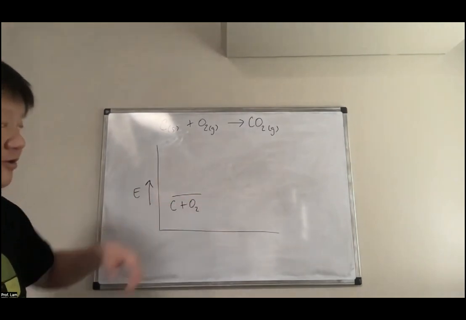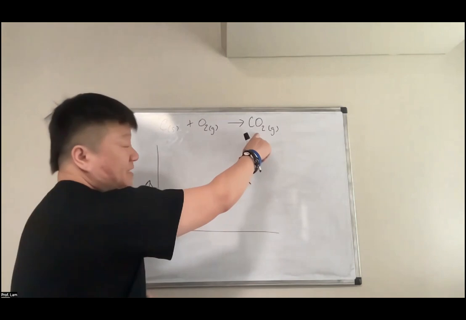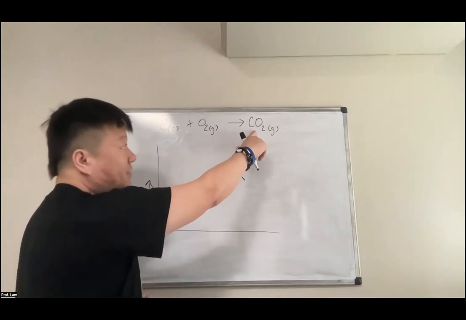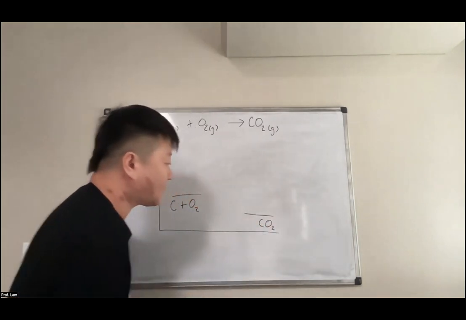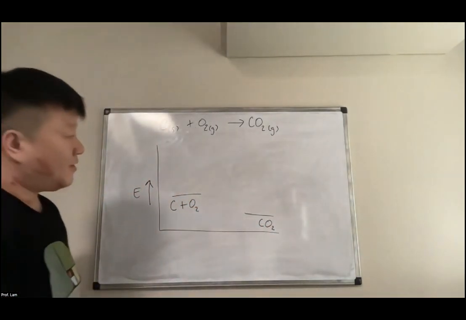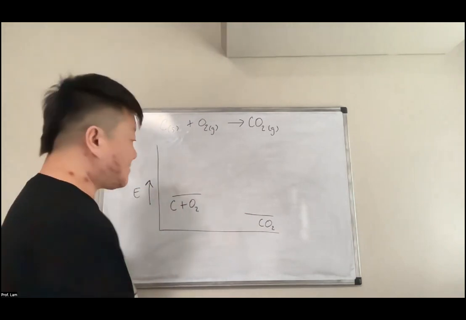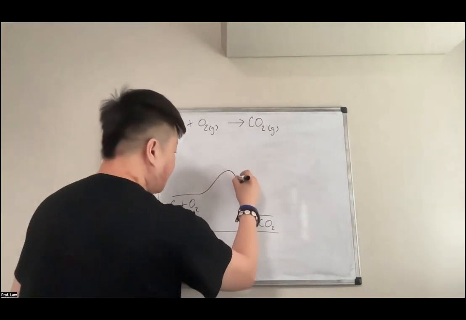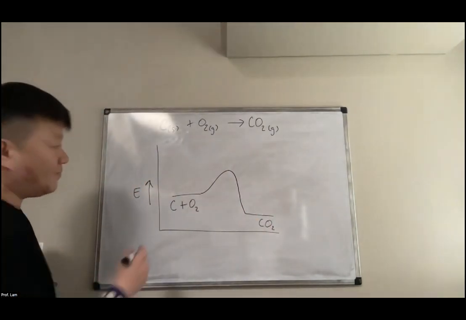Some arbitrary value. Now, CO2, if you take its energy measurement, right, it lies here. Okay, so CO2 lies lower in energy than the reactants, and you can connect it with this kind of curve here, this slope.